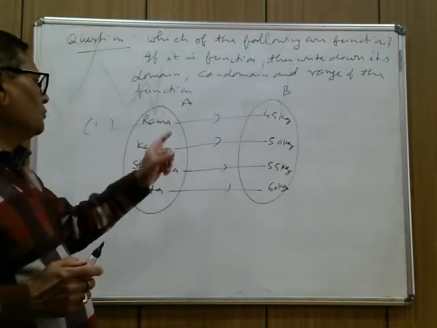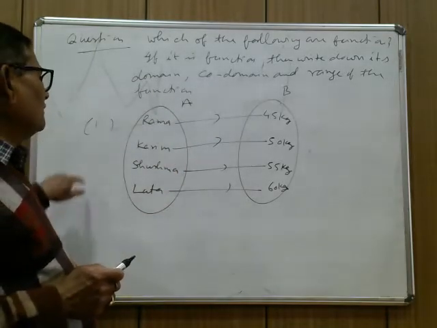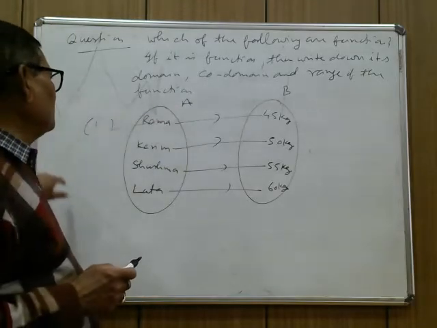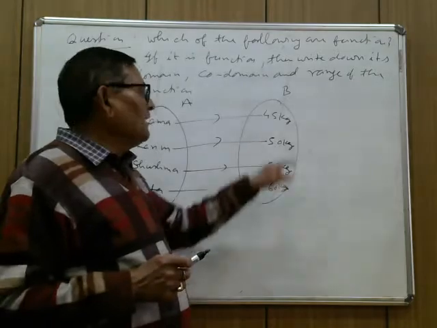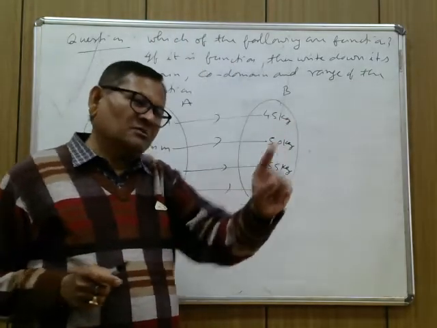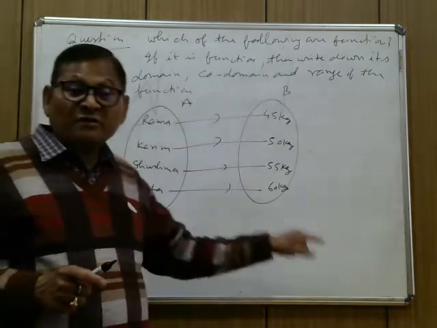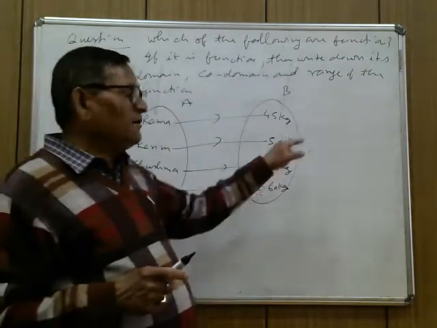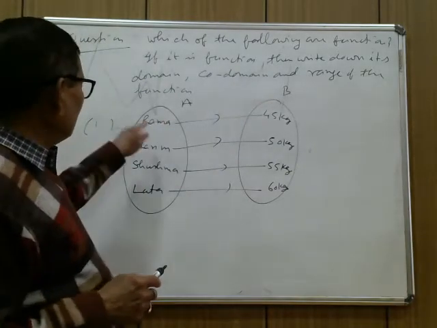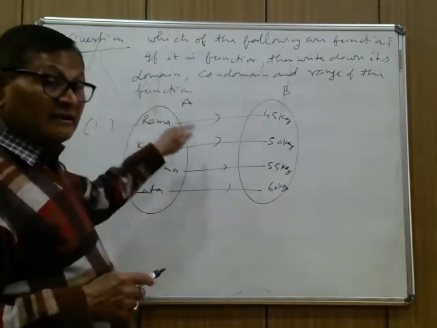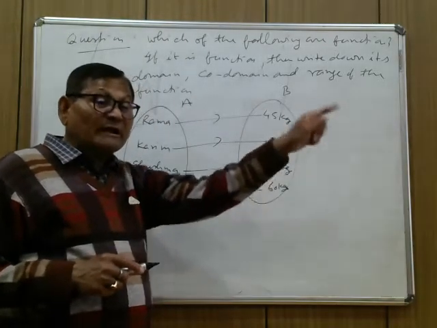For it to be a function, it is necessary that all the elements of this set A, in which the persons are given, are associated with elements of B. That is the first condition. Each member of A is associated with an element of B. And second condition, each element of A is associated with one and only one element of B.